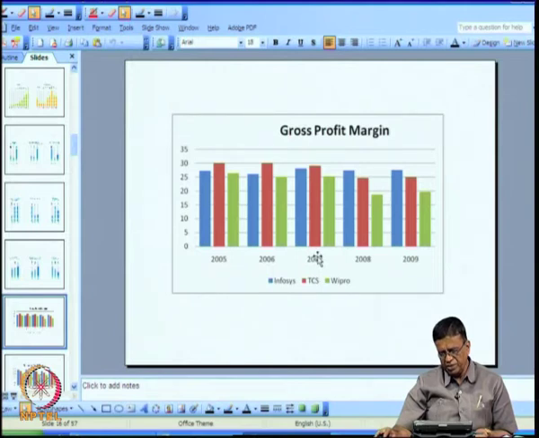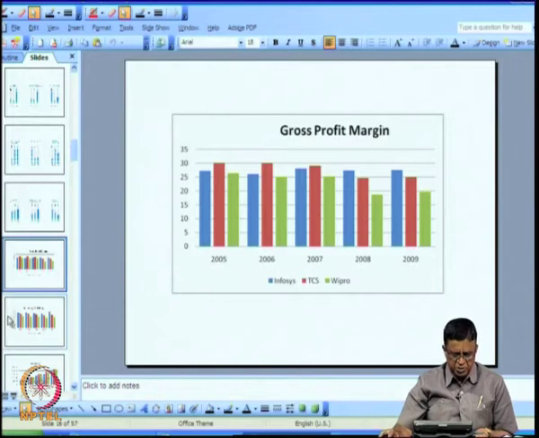If you look at 2007, TCS has performed slightly better. In 2006, again TCS has performed better. In 2005 also TCS has performed better. So, what does it indicate to you? From 2008, the performance of Infosys compared to the other two majors, TCS and Wipro, is recording a higher gross profit.